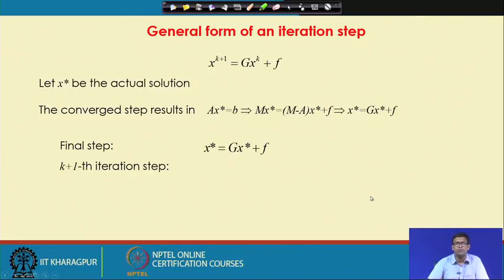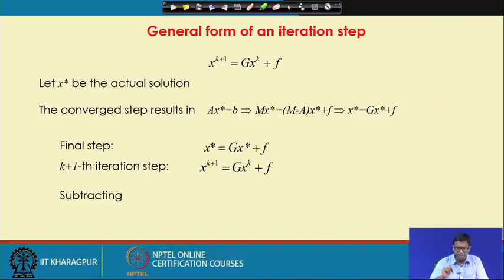The iteration step before that, say some steps before that, we have the k plus 1th iteration step, which will be x k plus 1 is equal to G x k plus f, which is the general form of the iteration step. What is happening in the final step? Both k plus 1 and k converge to the final solution, so we can write x star instead of that.